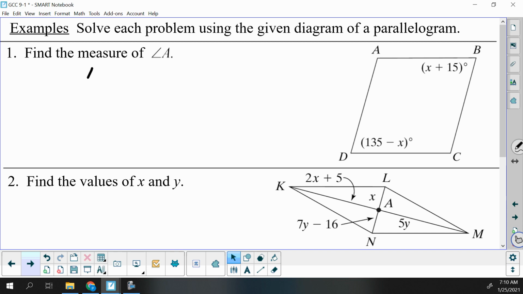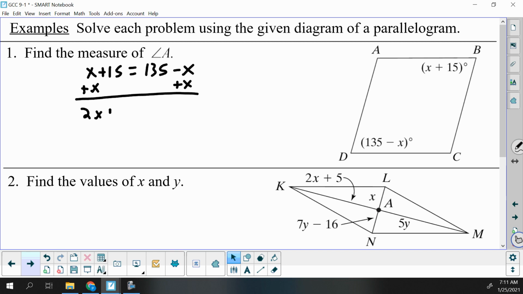So the equation we'll set up is x plus 15 equals 135 minus x. And to go through and solve, we'll collect all the x's on one side and the constants on the other. So we'll add x to both sides maybe.